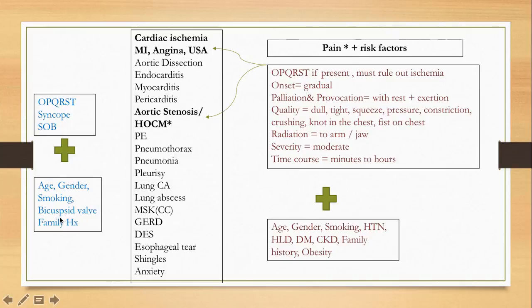They may also have a history of bicuspid aortic valve or a family history of aortic stenosis, and HOCM patients may have a family history of HOCM. So that's how we compare and contrast. Therefore, the good questions would be OPQRST questions and questions about risk factors whenever you're suspecting these things.